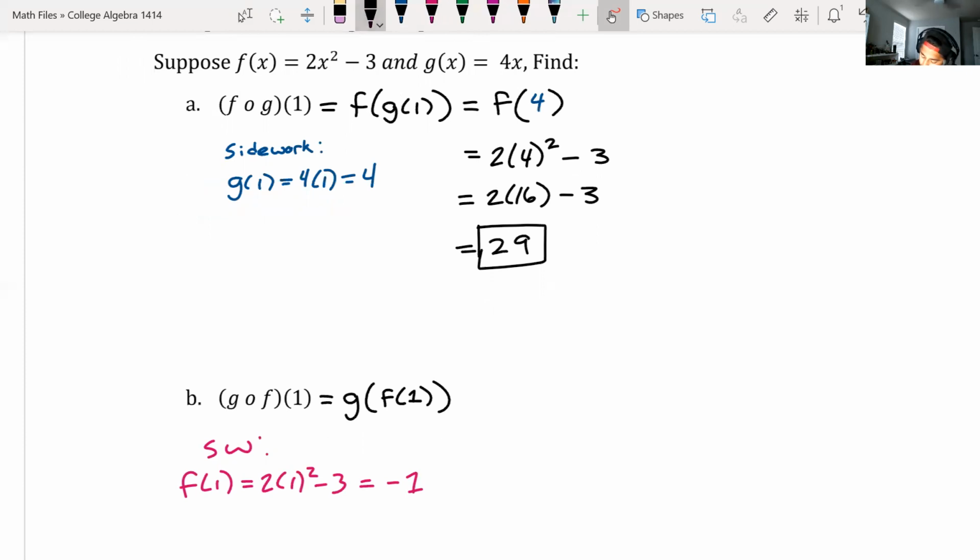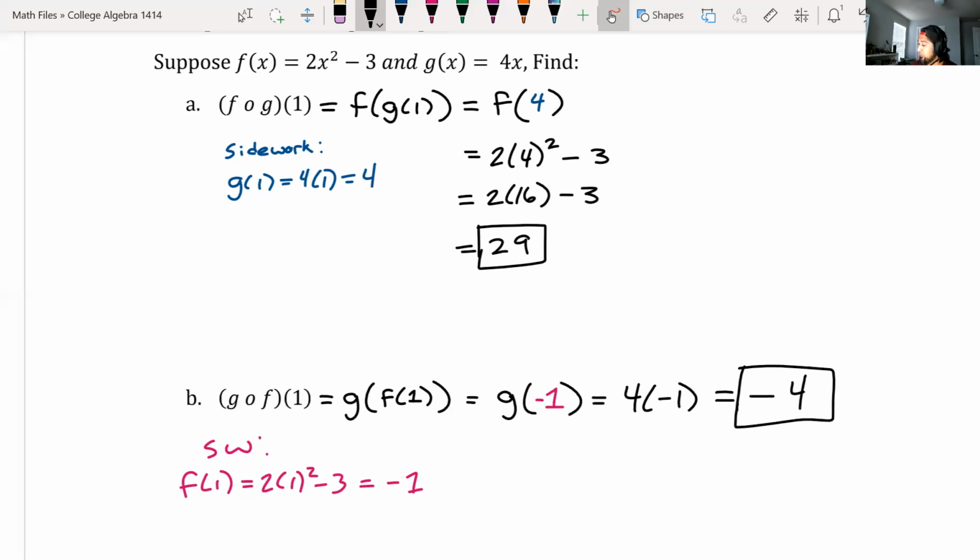So we'll make that substitution. G of negative 1. And plug it into function g above. So you see that you'll get 4 times negative 1. So we'll just end up with negative 4. Okay.